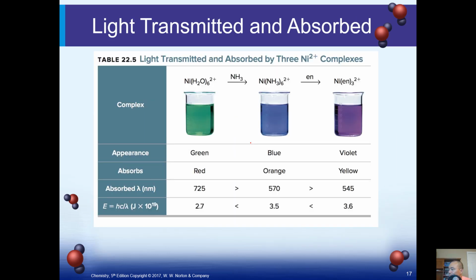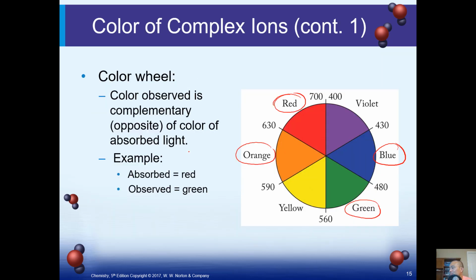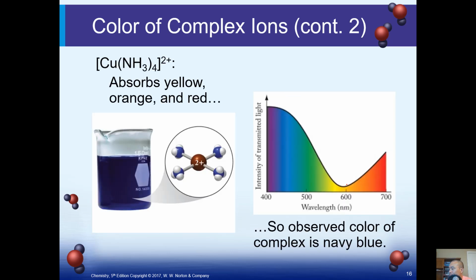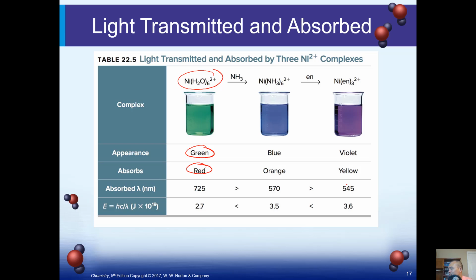For example, when red light is absorbed, in this case, then green light will show up, as we just explained in the color wheel. Red light absorbed, so green will show up. And then if orange light is absorbed, blue will show up.